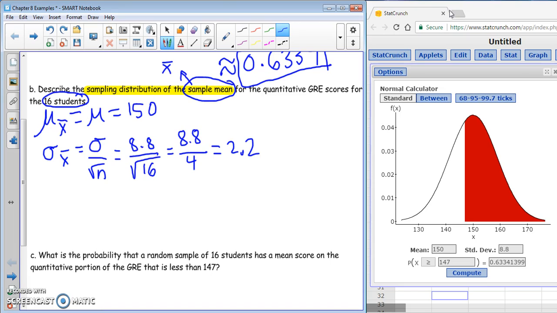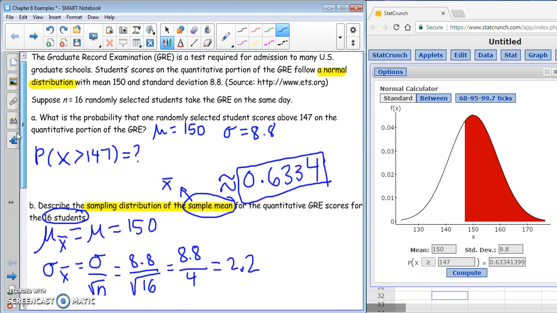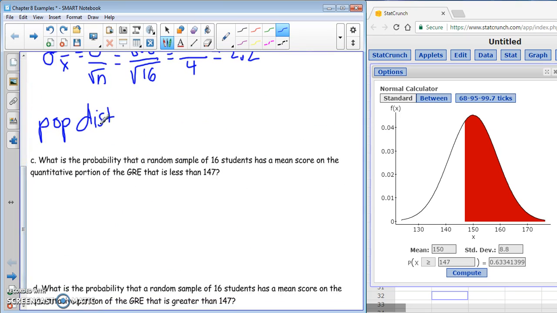And the last thing we're going to talk about is whether it's normal or skewed or whatever. So our population distribution, let's go back up, was normal.